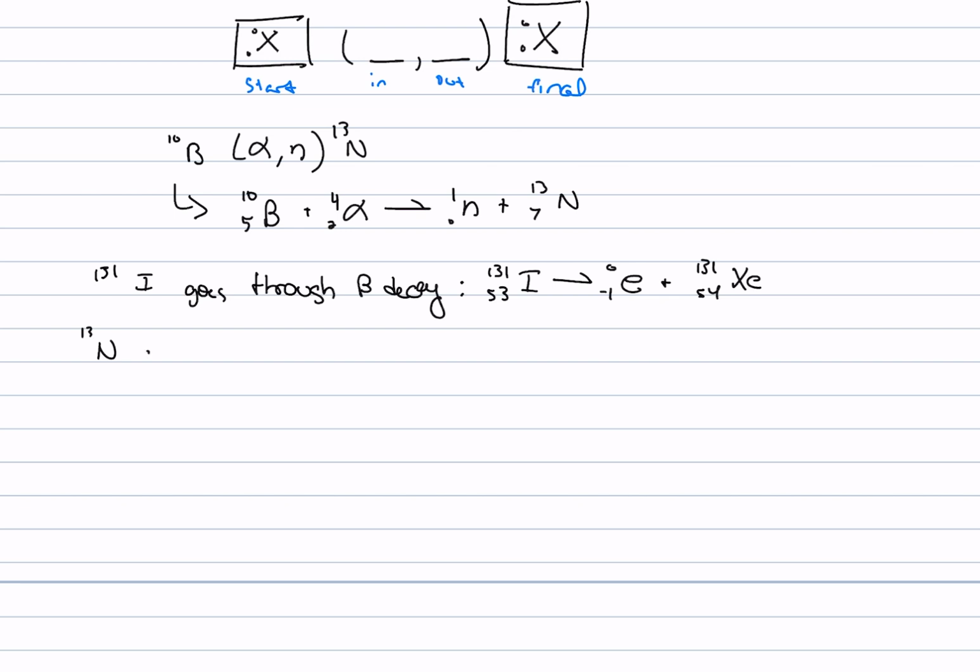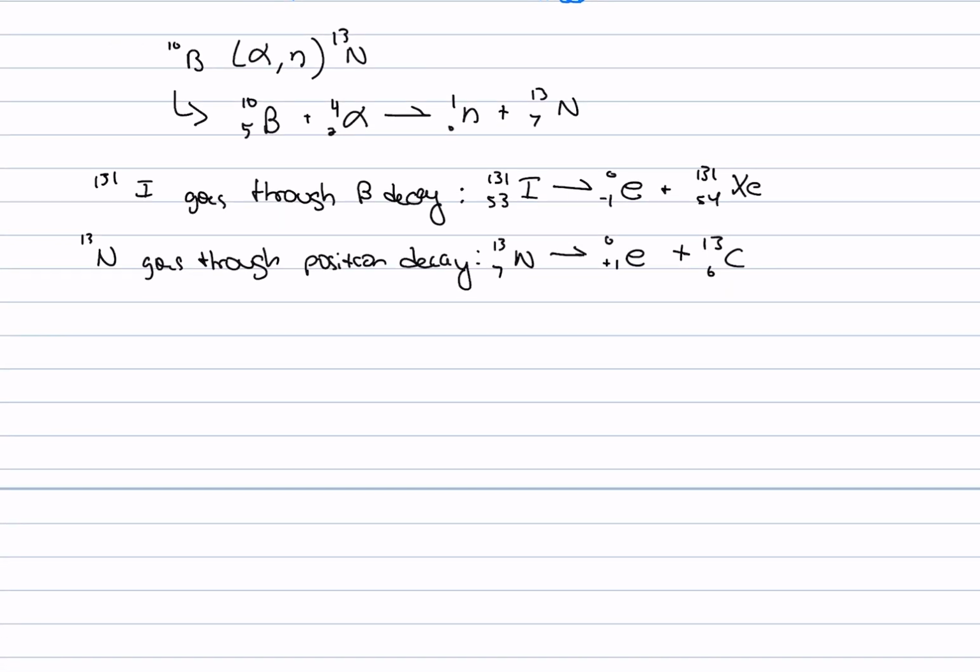We're asked to illustrate the positron decay of nitrogen 13, and so we can rewrite this as nitrogen, which has an atomic number of 7, 13, goes to that positron with a +1 on the bottom left and a 0 in the upper left, plus we know that the mass number must be 13 since an electron has a mass number of 0, and the atomic number must be 1 less than 7, making it 6, which means it must be carbon.